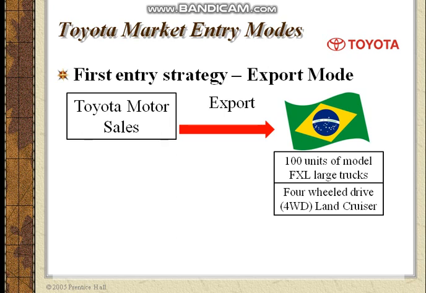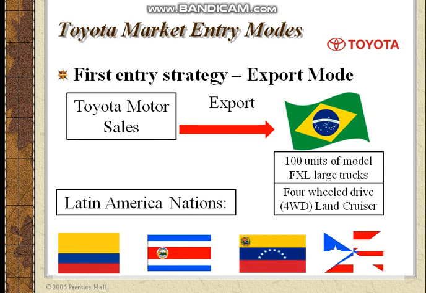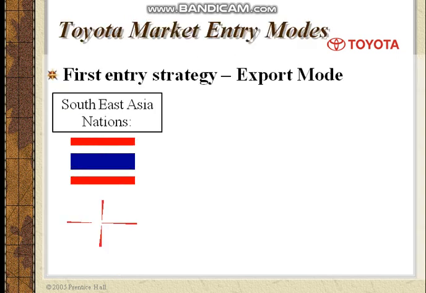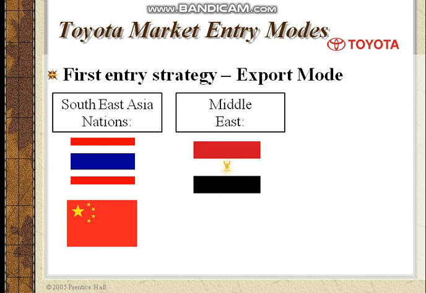This gave Toyota the chance to export its product to other Latin American nations like Colombia, Costa Rica, Venezuela, and Puerto Rico. For Southeast Asia, the export was to Thailand in the 1950s to 1960s, and to China. In the Middle East, exporting was done in 1947 to the King of Egypt.